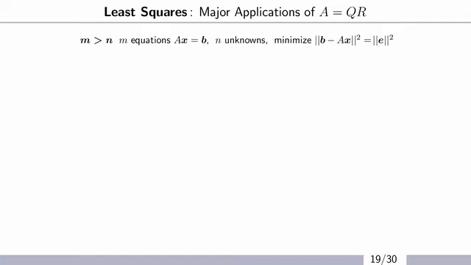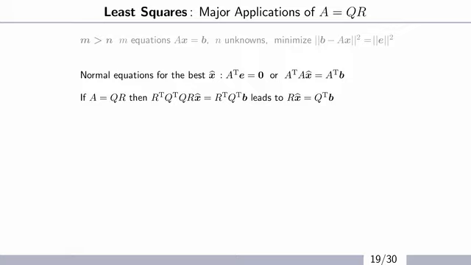Here's the right equation. Here's my message. When you can't solve Ax equals b, multiply both sides by A transpose, then you can solve this equation. That's the right equation. I put a little hat on that x to show that it doesn't solve the original equation, Ax equals b, but it comes the closest. It's the closest solution I could find, and it's discovered by multiplying both sides by this A transpose matrix.